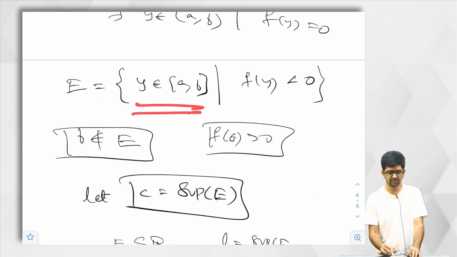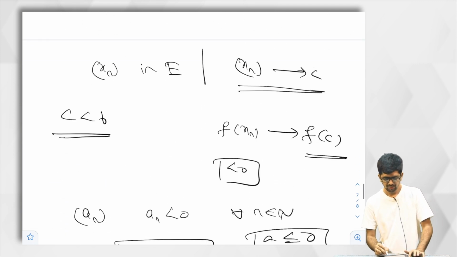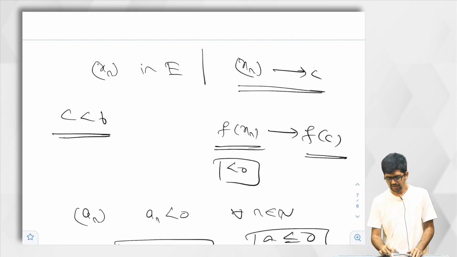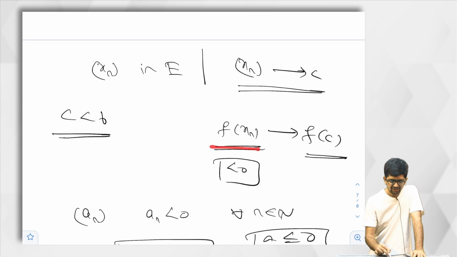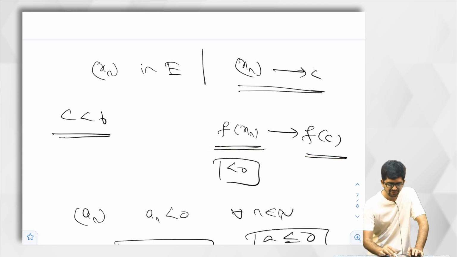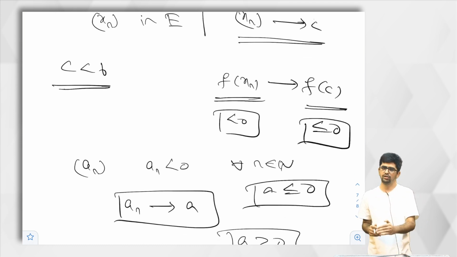For every y belongs to this, f of y is negative. So for this x n being an element of E, f of x n is negative. We have just now seen that f of x n converges to f of c. So f of c should be less than or equal to 0. 0 is a possibility.